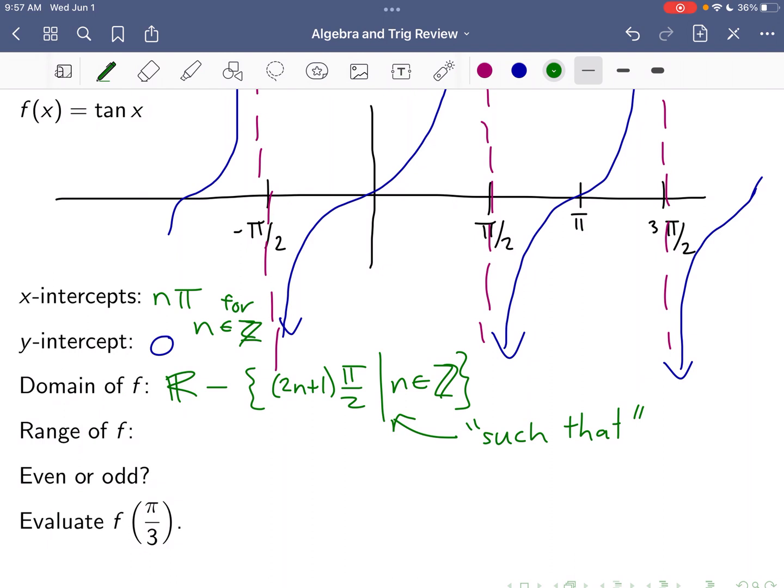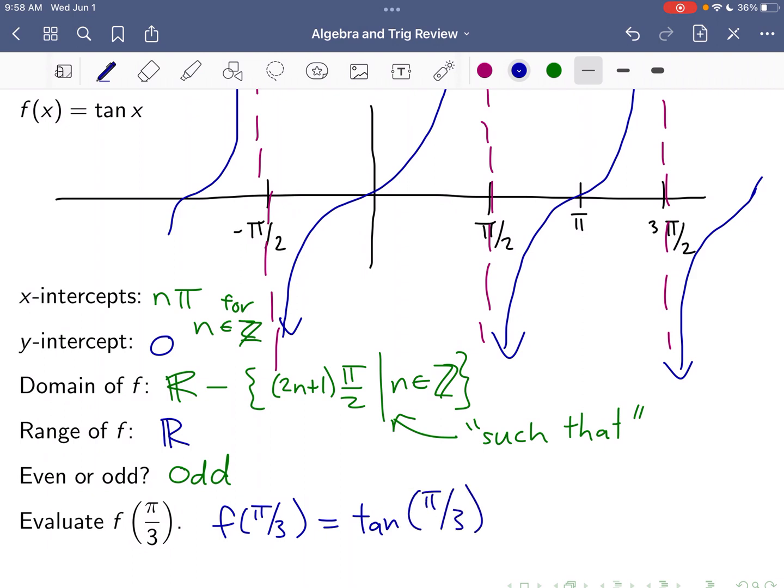So that's our domain. The range here, the y values that we could get out of this, we could actually get any y value at all, right? So every real number. This is an odd function, and if we were to plug in pi over 3, this is tangent of pi over 3.